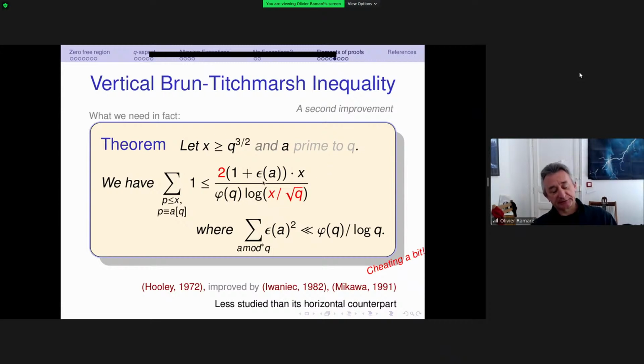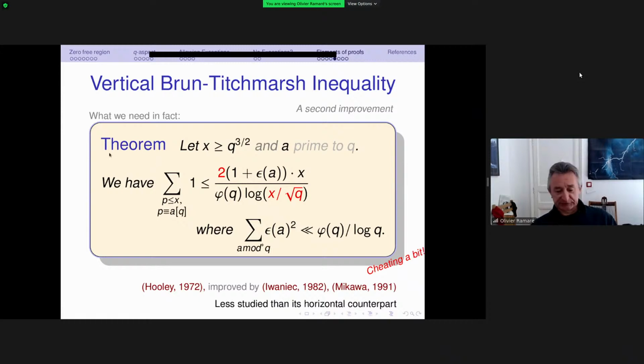Also, I prefer this phrasing here because you see immediately what are the constants you have to compute, really. When you say for almost all classes modulo q, it's a bit vague.